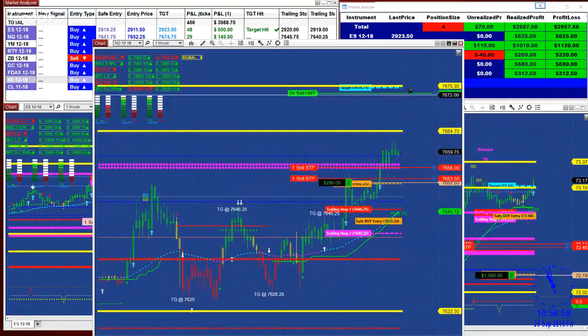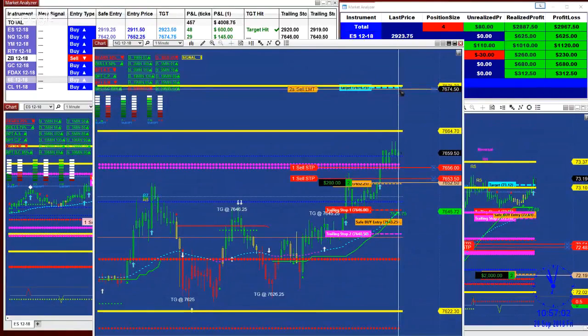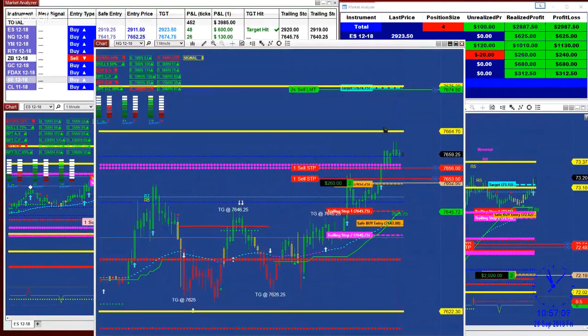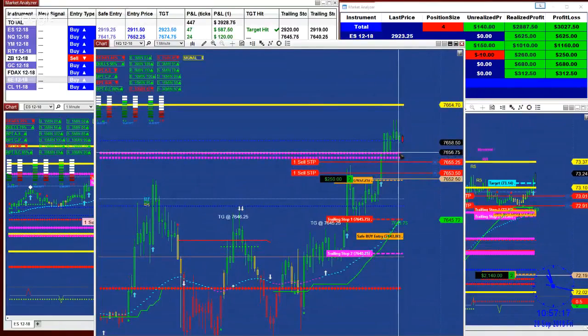Okay, we have a target at 74.50, guys, on the NASDAQ. This is where the major support area is. So if you're not on that trade with the NASDAQ, there is a potential pullback re-entry at 56.75. 56.75 here.